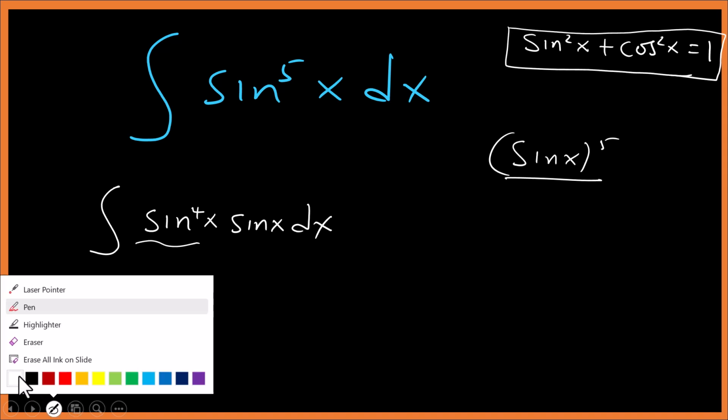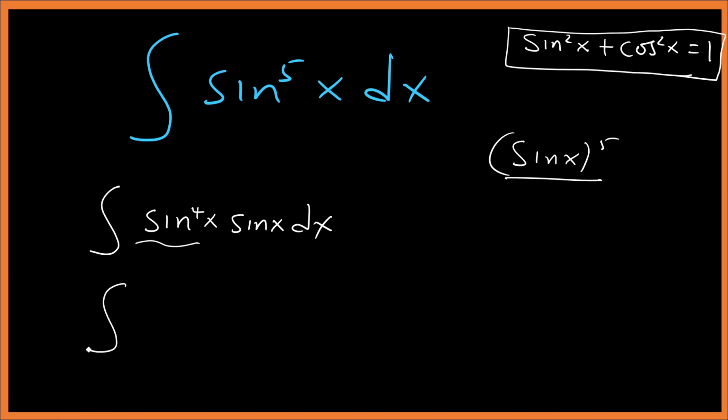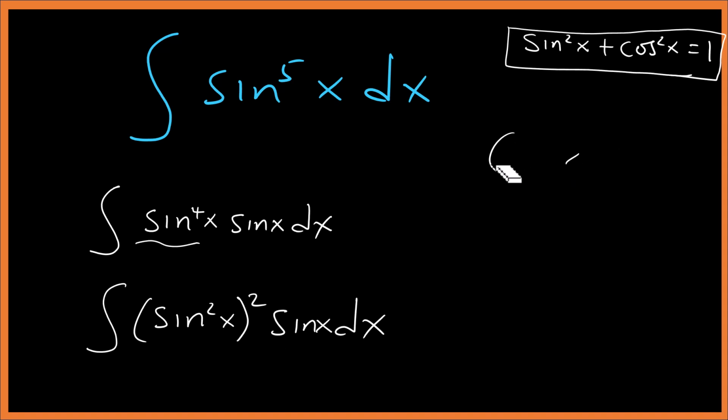So let's write this as an integral. Because I want to do substitution here, I'll write this as sine squared all squared, times sine x dx. Now from here, sine squared x is the same as 1 minus cos squared x.